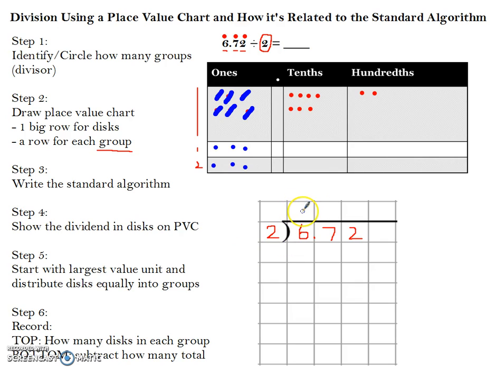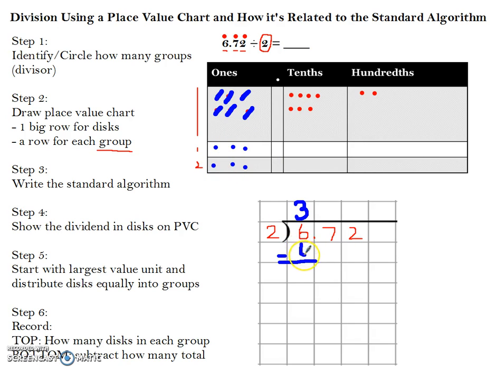Now for step 6, you want to record on your standard algorithm. On the top of the divide sign, you want to record how many discs you put in each group. In my first group, I have 1, 2, 3. In my second group, I have 1, 2, 3. There are 3 discs in each group. So on the top, I'm going to do a 3 to represent how many discs are in each group. Then on the bottom, you want to subtract the total number of discs that you shared, which in this case is 1, 2, 3, 4, 5, 6.